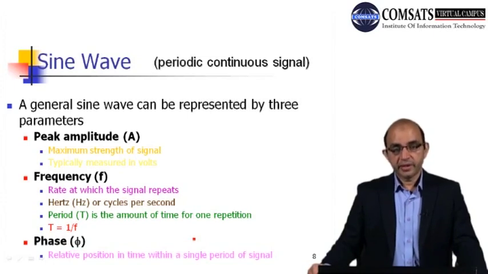So there are different parameters that have to be defined whenever we want to define a sine wave, right? First we need to know the amplitude, the strength of the signal, normally represented in volts. Then the frequency, which means how many cycles are being made in 1 second.